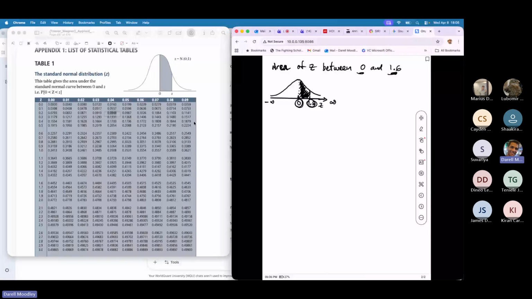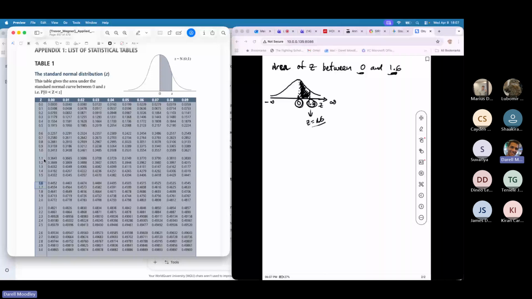In our case, the specified Z value is 1.6. If you want the area from 0 to Z equals 1.6, you use the margin on this table to find the first value of Z. So here's 1.0, there's 1.1, 1.2, all the way to here, there's 1.6 on the Z-axis.